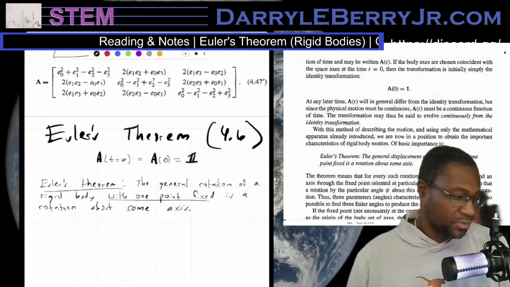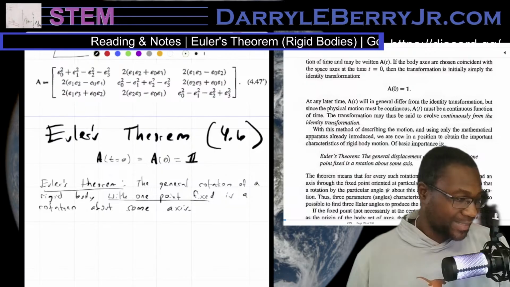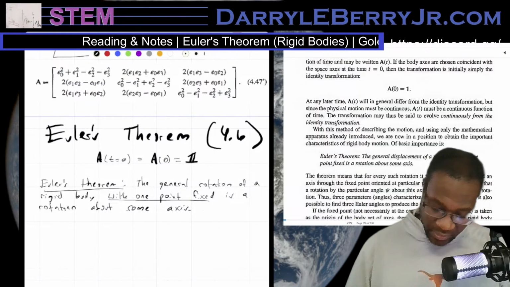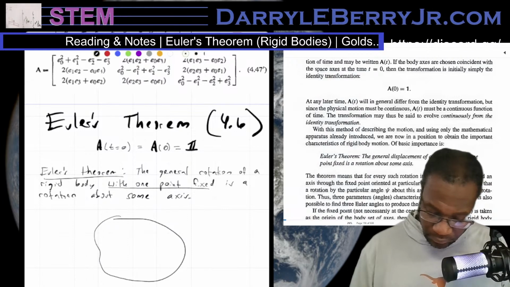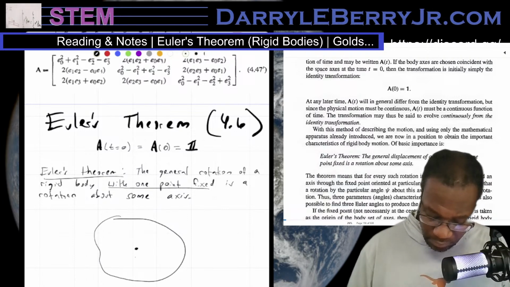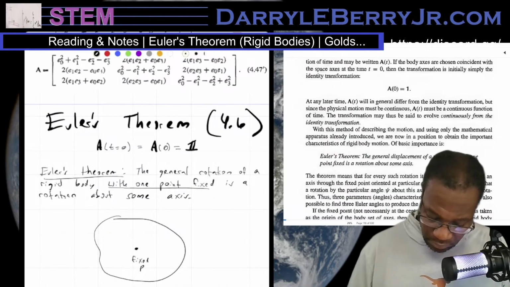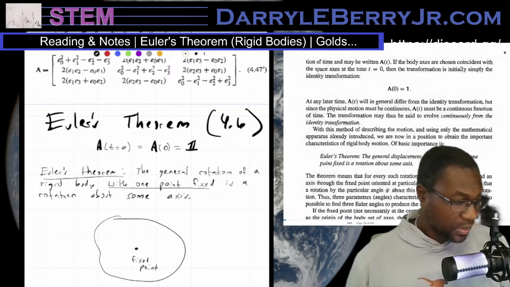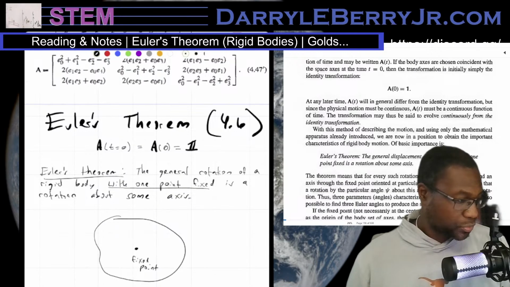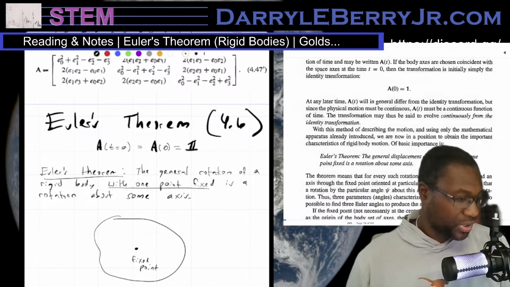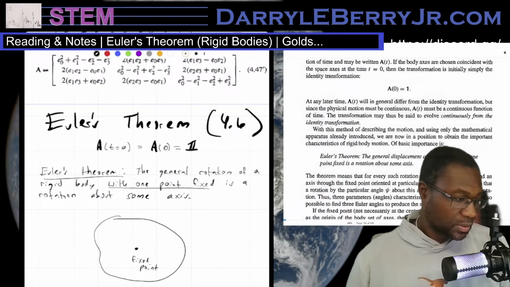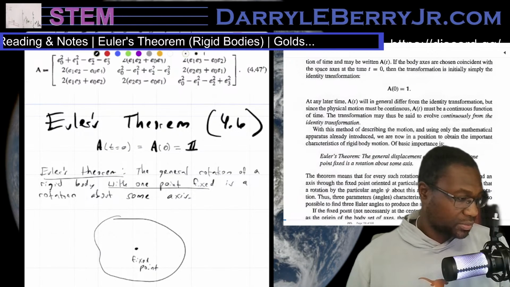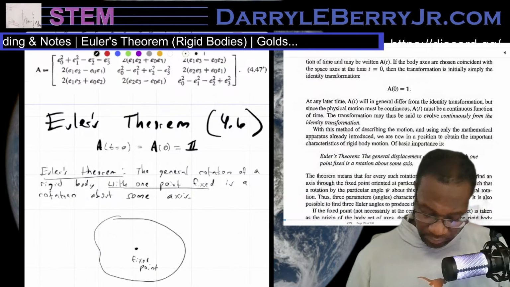The theorem means that for every such rotation, it is always possible to find an axis through the fixed point. So you have a rigid body, you have a fixed point, and it is always possible to find an axis through the fixed point oriented at particular polar angles, phi and theta, such that the rotation by the particular angle psi about this axis duplicates the general rotation.